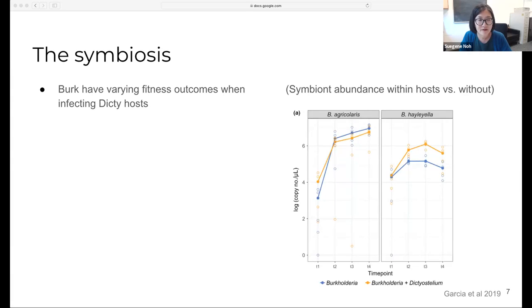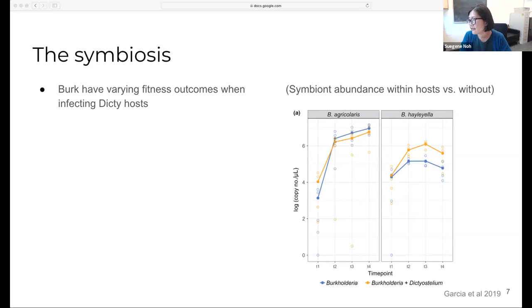Burk itself also has varying fitness outcomes when it is inside versus outside of a host. In this particular study, you can see both the orange points and lines and the blue points and lines. The orange points are when Burk is inside of a Dicty host.